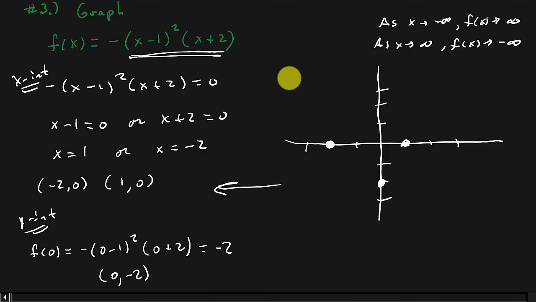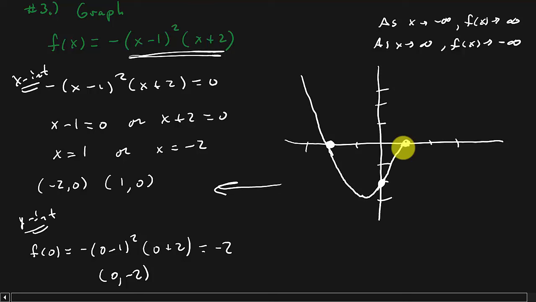So it's going to look something like this. And then it's going to come down here somewhere. Okay, we're not really that concerned about finding exactly where it turns back up, just to get a sketch of it. It's going to come up and come back through the y-intercept, and then it's going to increase.